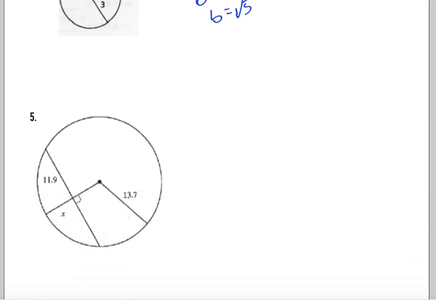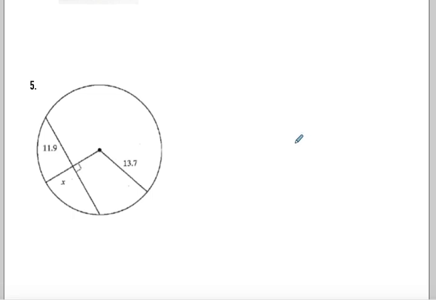Next one, we have again been given a radius in a weird spot, and we're going to move it to a place that will be more helpful. So I'm going to move it right here, 13.7, and this 11.9 can go here. And so we're going to do the Pythagorean theorem again with 11.9 squared plus b squared.